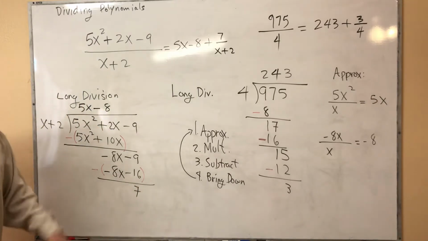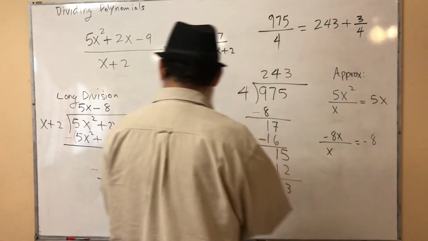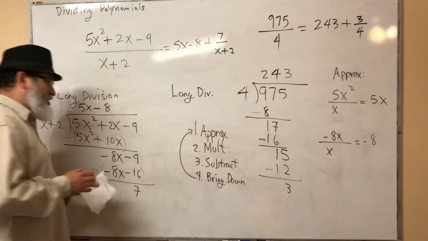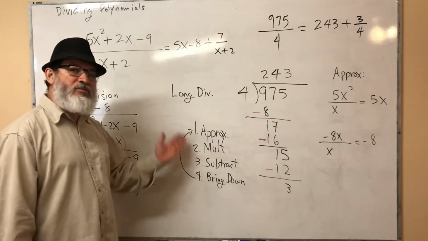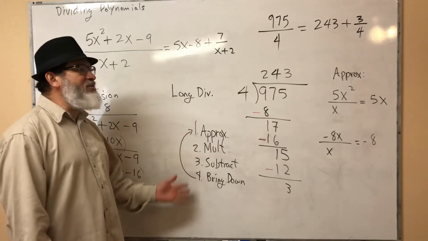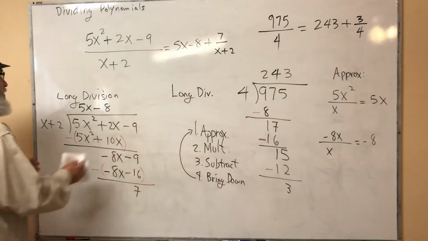This is called long division. Let's do another one. Let's do one more. This is long division. These are the 4 steps that we follow. Gotta erase them because I don't have the room. So I'm gonna erase this.